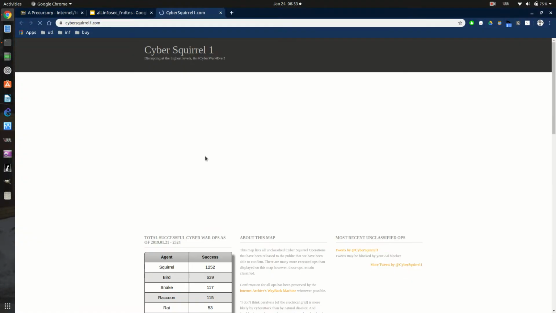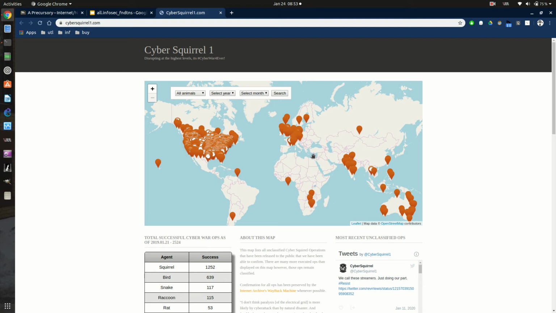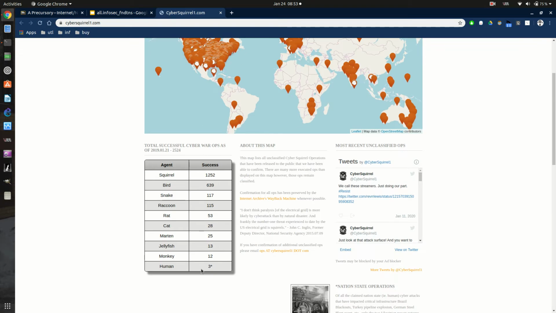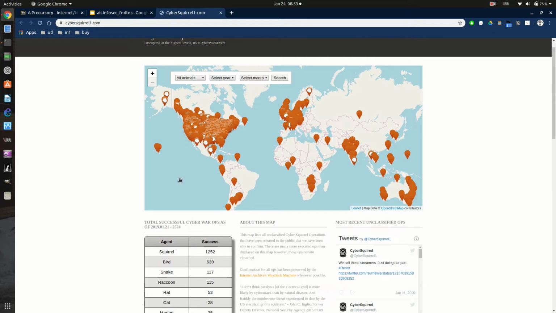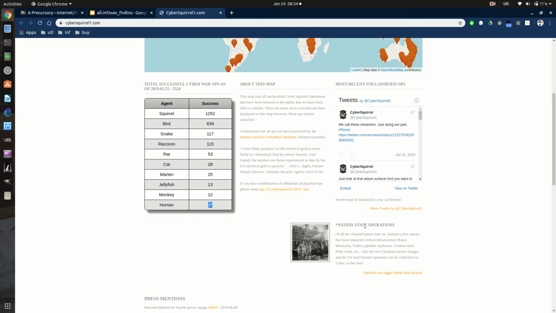I have squirrels in there because I attended a conference, and one of my favorite talks was someone who makes fun of the big threats. Squirrels, by far the most damaging thing. So this is a map of all successful cyber threats that have taken down power or infrastructure. And as you can see, Human 3, we're not 100% sure.